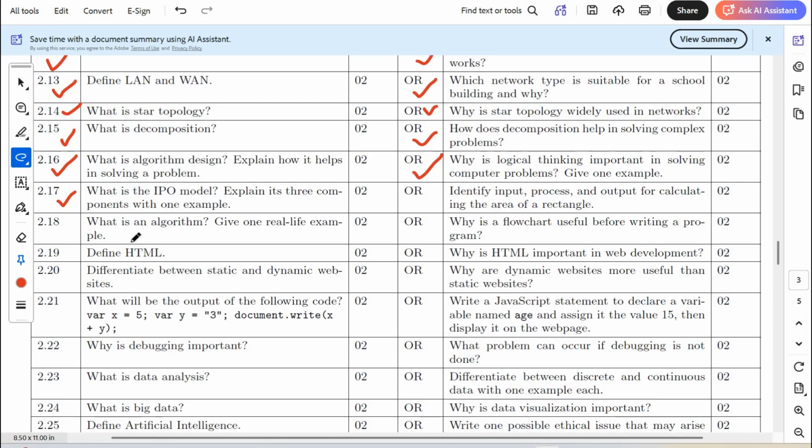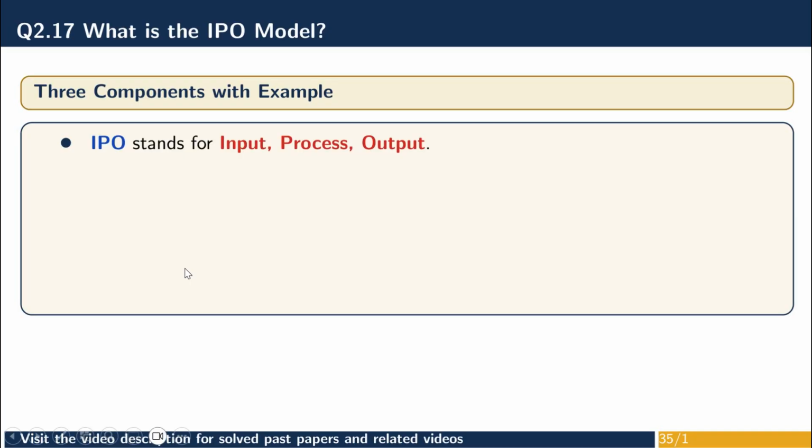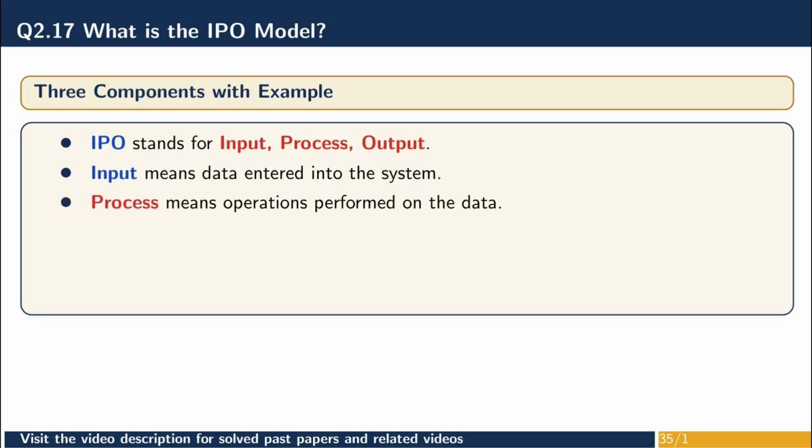Question 2.17. What is the IPO model? Explain its three components with one example. IPO stands for input, process, and output. Input means data entered into the system. Process means operation performed on the data.